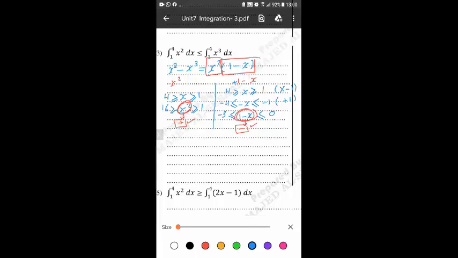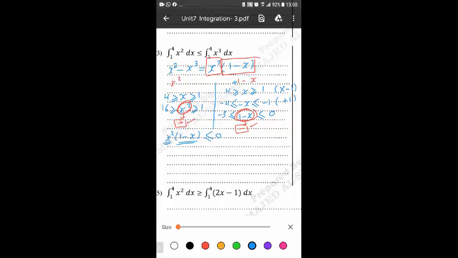I multiplied positive by negative. What will I get? I will get negative, less than or equal 0, right? That will be less than or equal 0.